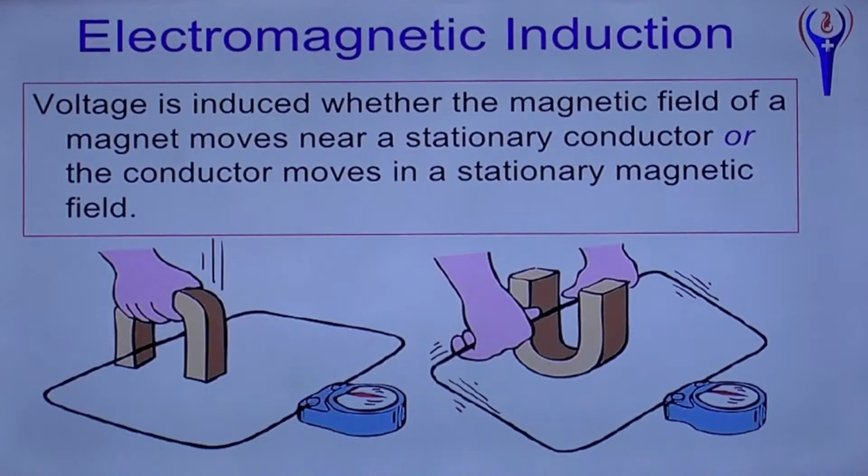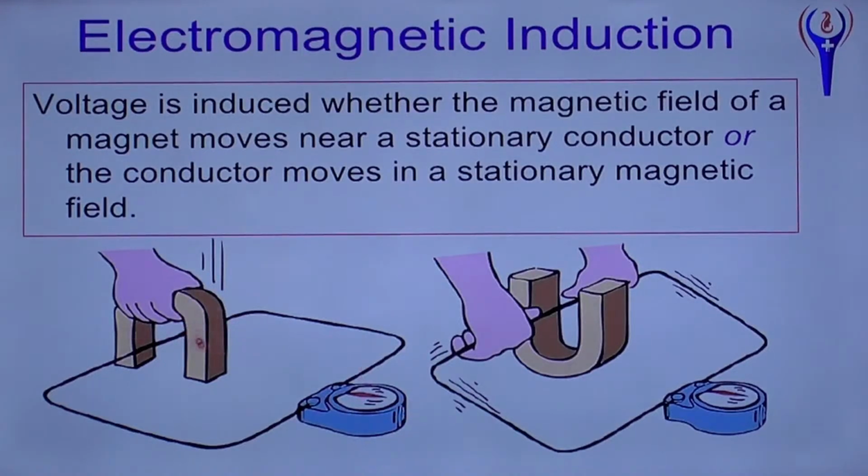See, this is the coil, there is a wire. This wire is connected with a galvanometer or ammeter, and a magnet is brought near it. Then what will happen? Deflection will take place.